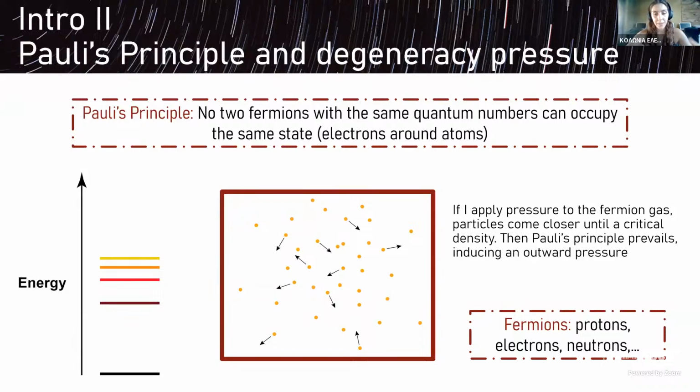And because the distances between the fermions would be too close, this would induce an outward pressure that will stabilize the gas and just stop the squeezing from happening. And this is exactly what happens with compact objects. So they don't have nuclear fusion happening in the inside. They just rely on this degeneracy pressure to keep them from collapsing.